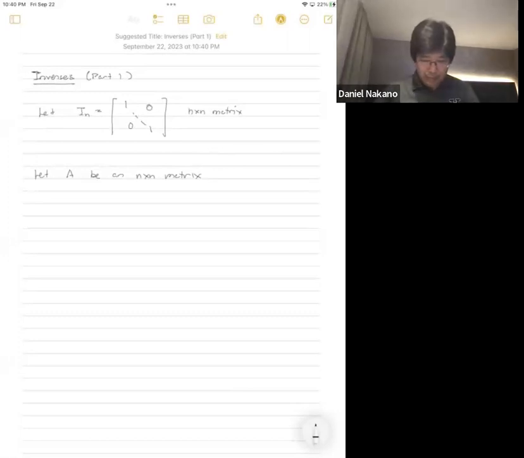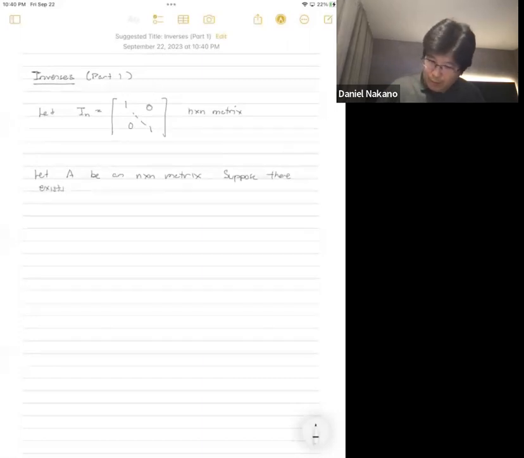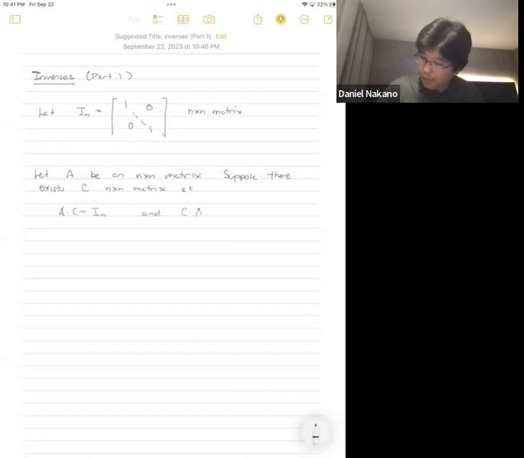Actually, let's suppose there exists a C, which is an n by n matrix, such that we have A times C being the identity and C times A being the identity.